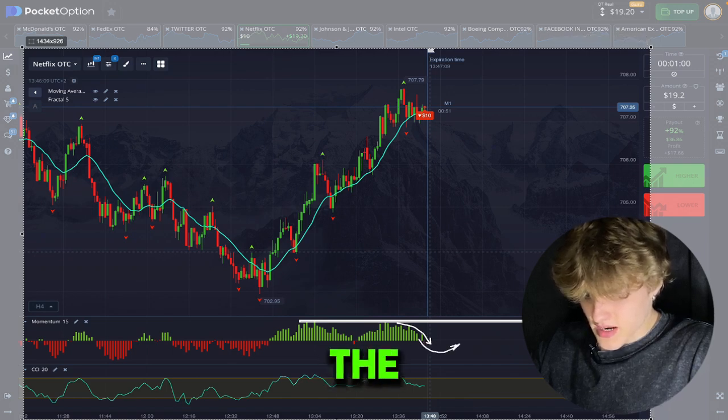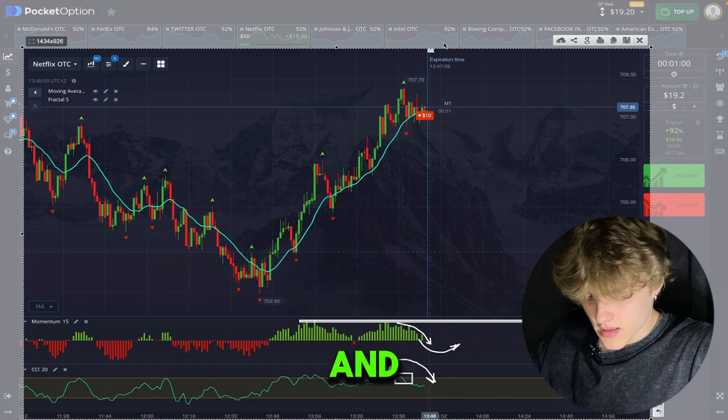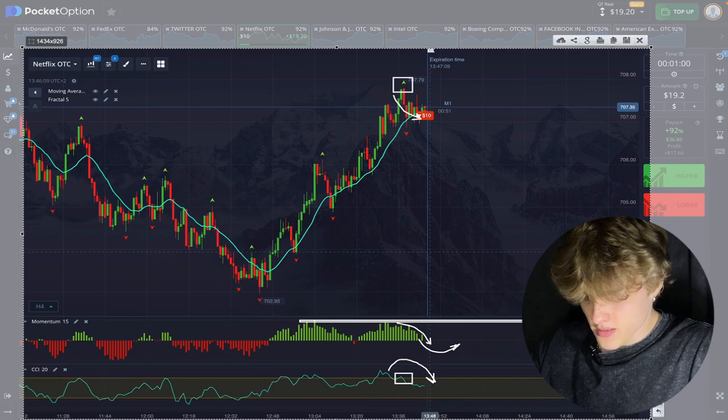This is the area with the mark 0, the exit from the overbought area on my oscillator. Also, the formation of a global high, and the movement has gone down. Here's a small crossing of the weighted moving average. So in this case, open a position on the downside.